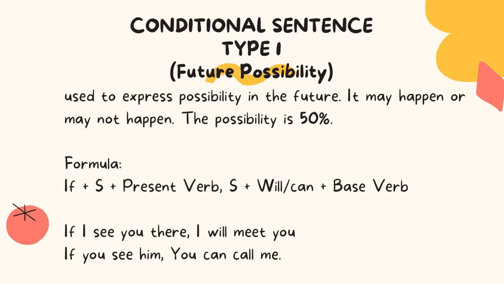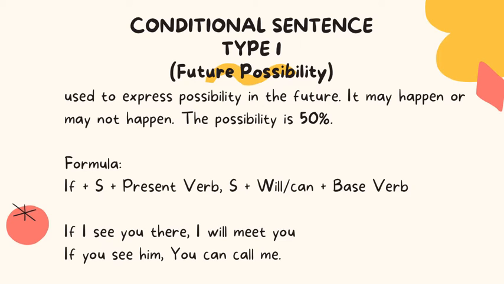It could be tomorrow, later in the afternoon, next week, next month, anytime in the future. So if you want to express possibility in the future, use conditional sentence type 1.